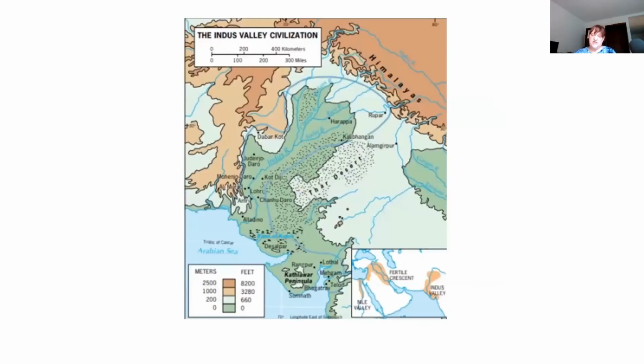All right, so let's talk about historical geography. Who lived there before? If we look over along the Indus River, this is called the Indus Valley Civilization, which today is modern day Pakistan.